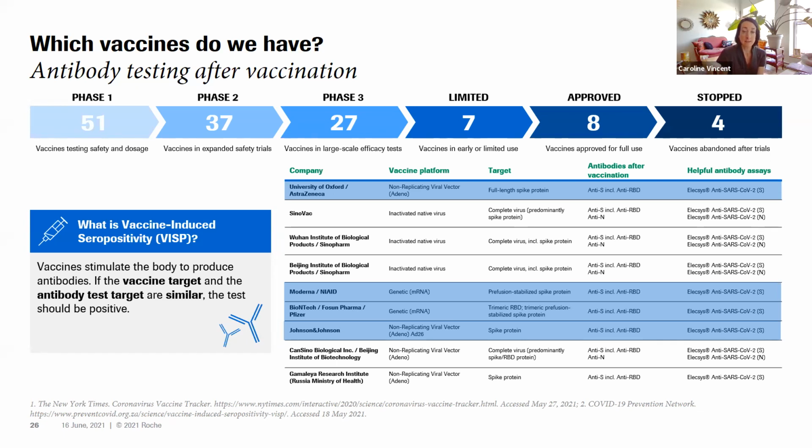All of the vaccines currently used in Canada target the spike protein of the virus, which means antibody assays that target the spike protein, or more specifically the receptor binding domain of the spike protein, can be used to monitor antibody production after vaccination.